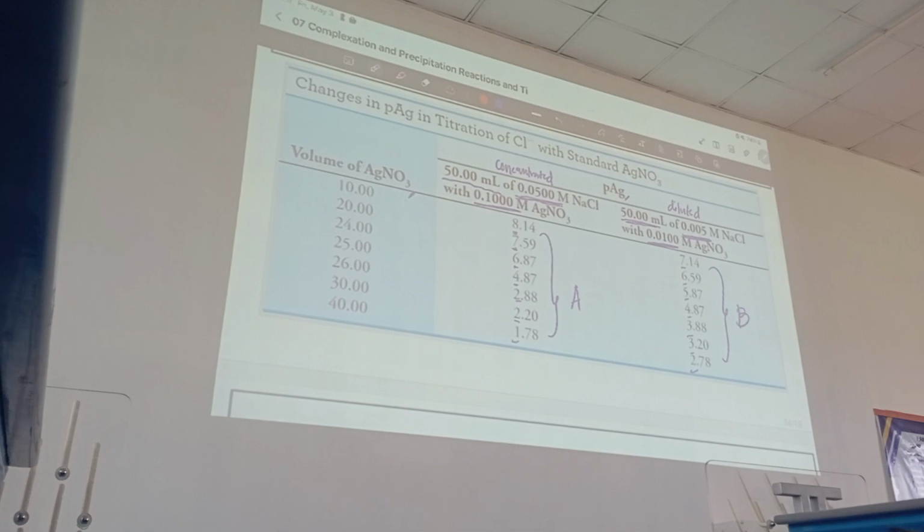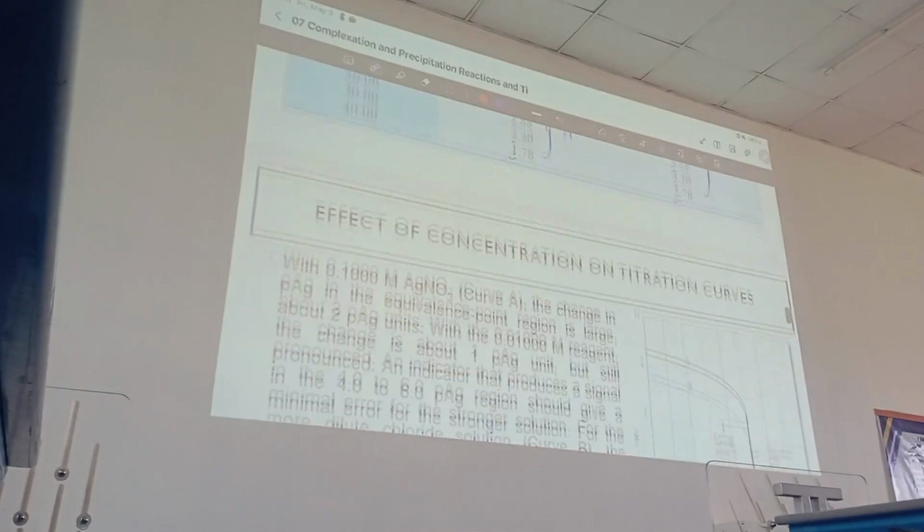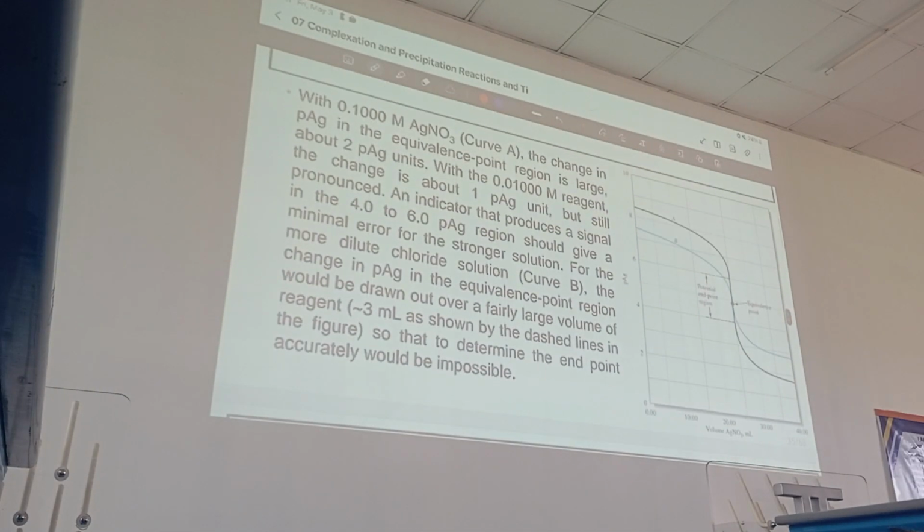Take note of the resulting titration curves. Letter A is the black one, letter B is the blue one. Let's compare. With 0.1 molar HNO3, curve A, the change in pH at the equivalence point is large, about 2 pH units.